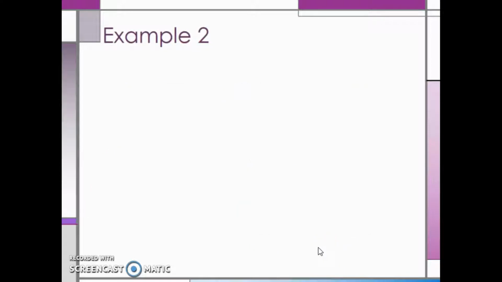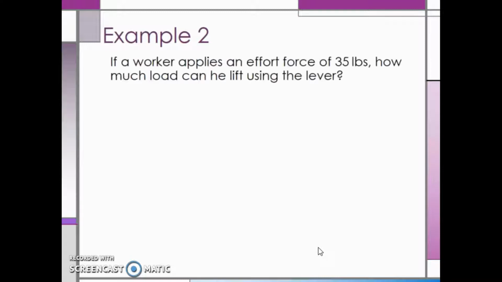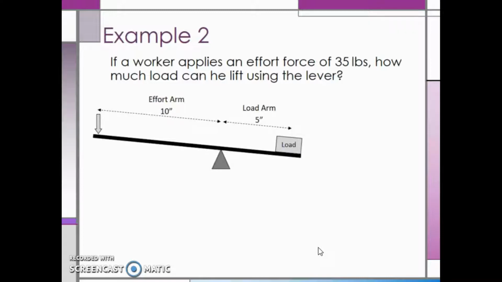Let's take a look at another example related to load, effort, and mechanical advantage. If a worker applies an effort force of 35 pounds, how much load can he lift using the lever in this picture? In order to figure out how much load he can lift, we first need to find the mechanical advantage. We actually found the mechanical advantage in the first example. 10 divided by 5 gives us a mechanical advantage of 2.